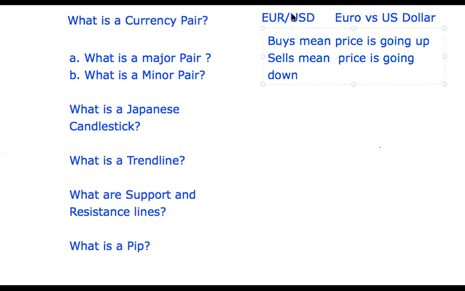The minor pair usually goes the opposite of what the major pair would do. So if USD on the minor pair was down, which means Euro would be going up, then Euro USD will be super strong all day, going up all day, if Euro was strong and USD was weak.